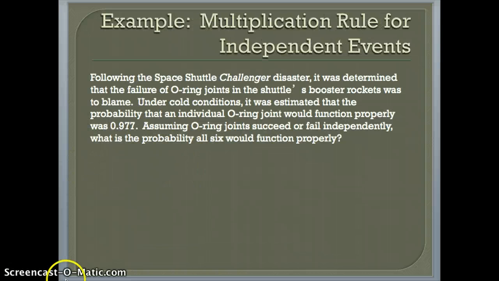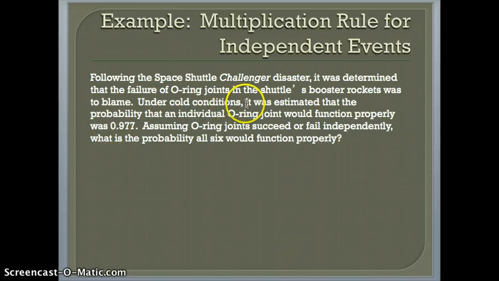All right. So, following the Space Shuttle Challenger disaster, this was, I think, in 1986, the Space Shuttle exploded during takeoff almost immediately. It was determined that the failure of O-ring joints in the shuttle's booster rockets was to blame.